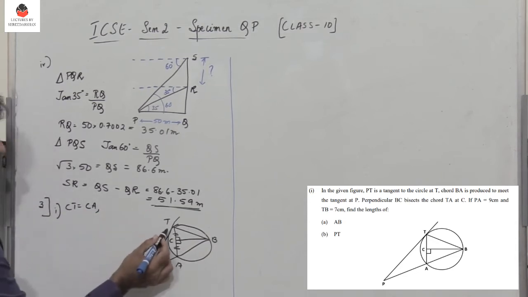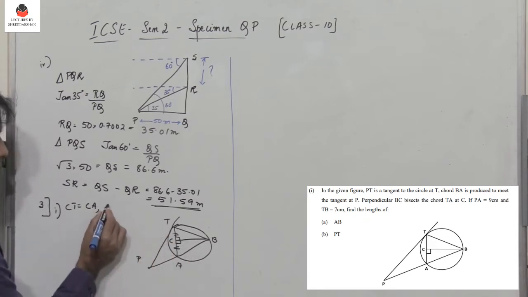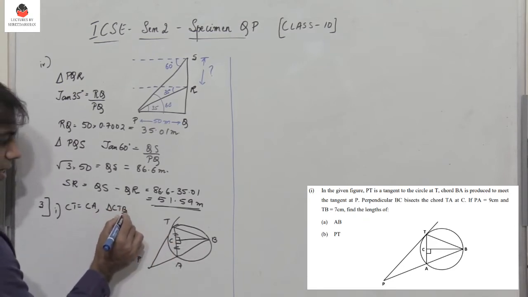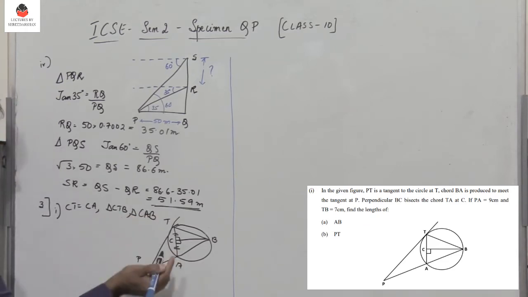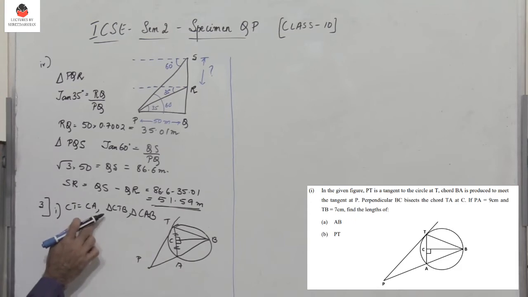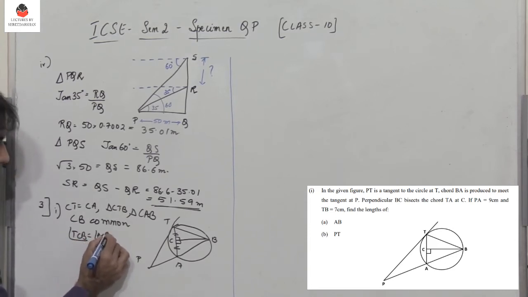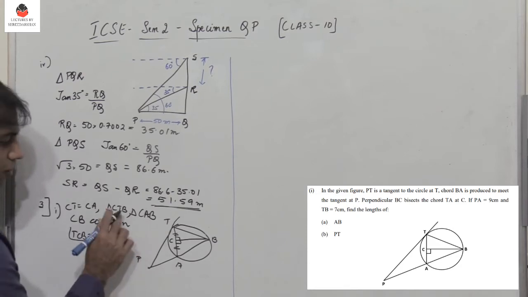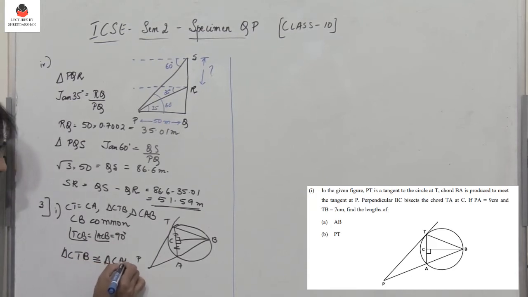So observe that I have these two triangles, triangle CTB and triangle CAB. When I consider these two triangles, CT is equal to CA, CB is common, and you have two right angles. Angle TCB is equal to angle ACB, which is 90 degrees. So therefore triangle CTB is congruent to triangle CAB, right?